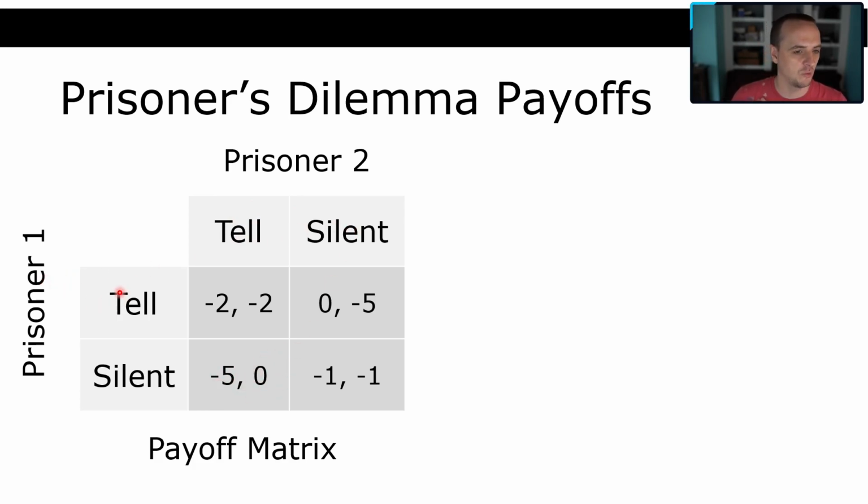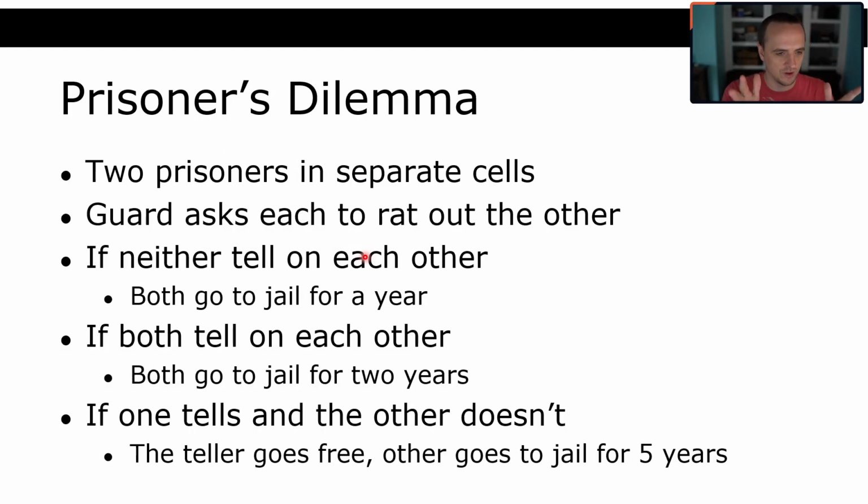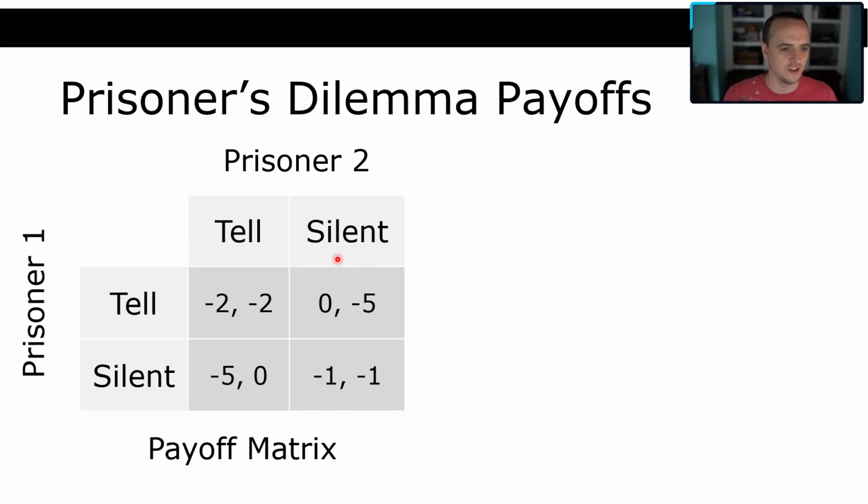Similarly, if prisoner one tells on prisoner two, and prisoner two stays silent, then the teller, prisoner one, is going to get released, and prisoner two is going to go to jail for 5 years. So that's how we take the English level outcomes of this word problem and translate it into a game theory payoff matrix. All right? A great example of an exam question.